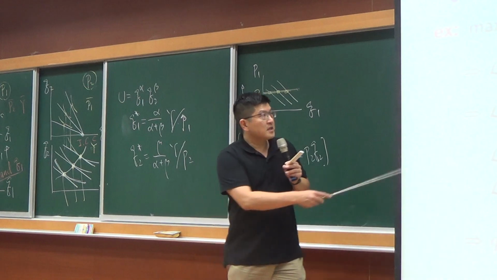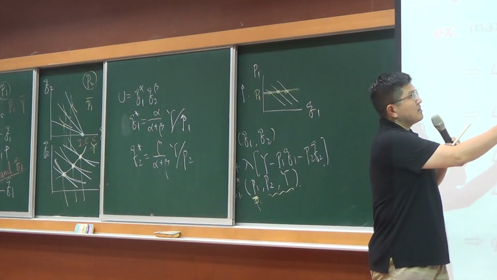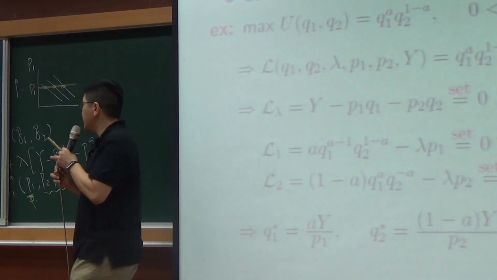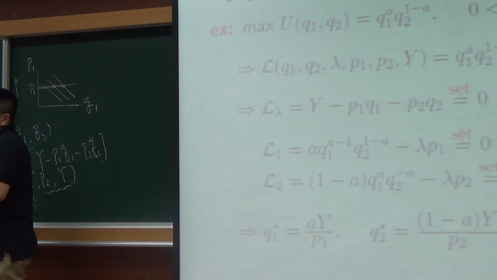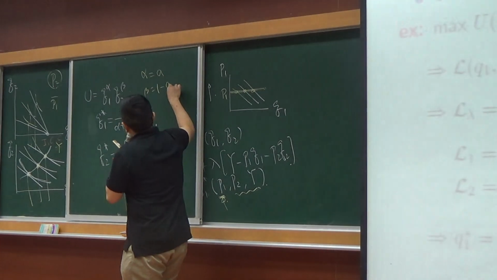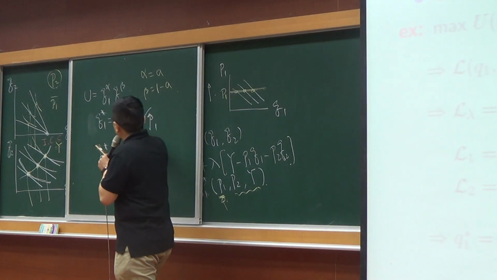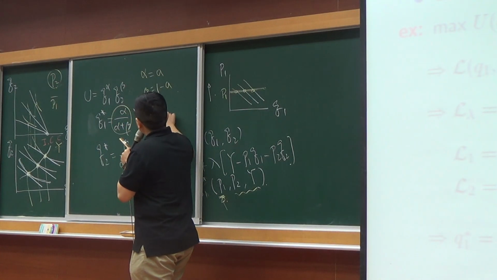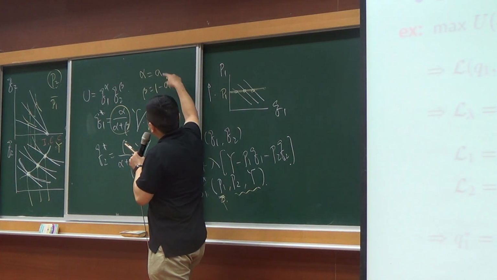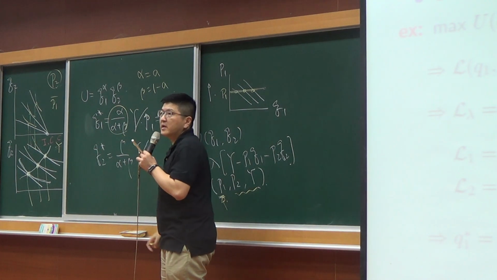But in the case on the slide, the power is A and 1 minus A rather than alpha and beta. So we just make alpha equals A and beta equals 1 minus A. So let's have a look at this. Alpha plus beta would be 1, right?